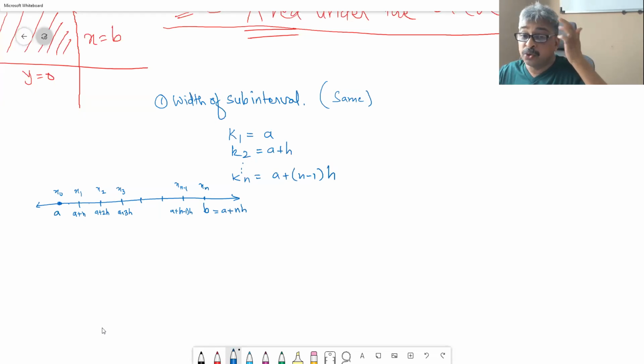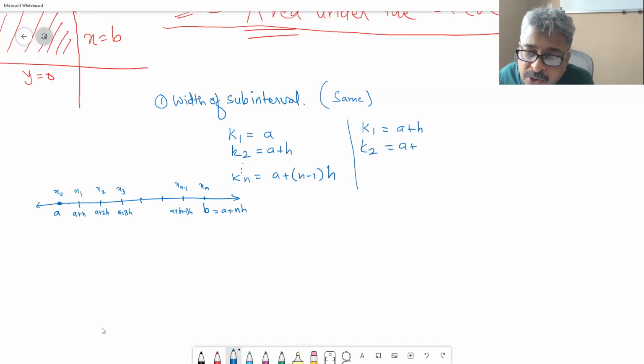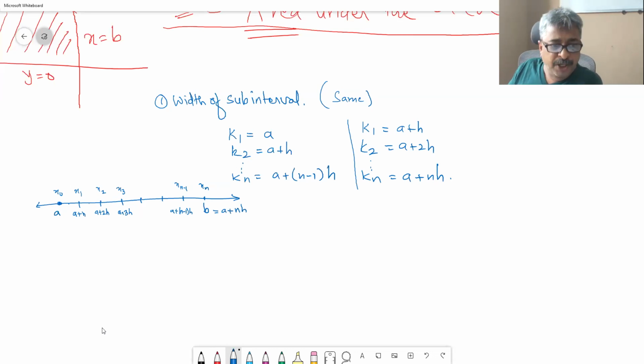The boundary point I can choose, no problem. Or I may do it like this: K1 is equal to A plus H, K2 is equal to A plus 2H, dot dot dot, Kn is equal to A plus NH. Either way I can do, and I am also free to choose any point in between. It will not make any difference as far as calculations and final answer is concerned, because the limiting case is working there. But our calculation simplicity must be available.